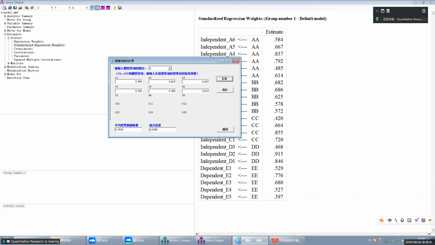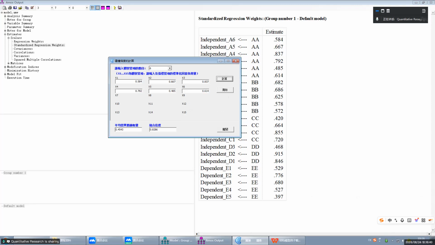Later we are going to talk about square roots of AVE. Now we talk about CR and AVE. Okay, these are the values for CR and AVE. So the next question is, what is the criteria for CR and AVE? So remember this.